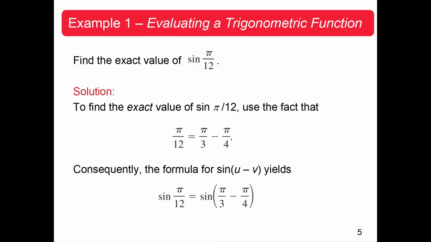Pi over 12 is equivalent to that difference, so it's a simple substitution. We're just swapping one out for the other, like we did in a previous lecture. Anytime we have two equivalent expressions, we can freely substitute one in place of the other. And now that we have this, we get to make use of our actual formula for the sine of a difference of two angles. Let's go ahead and pull over to the notepad.